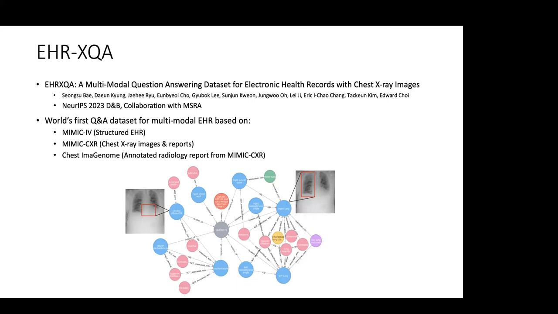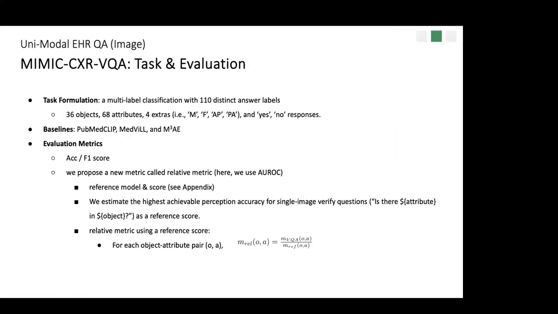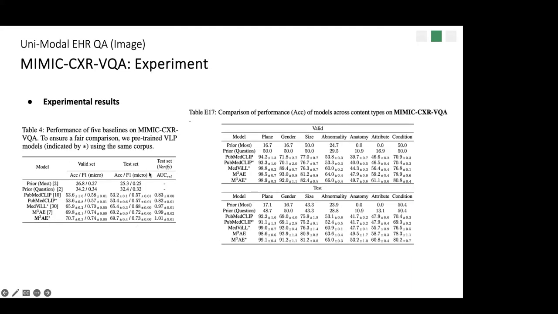So we tried to see how answerable our question answering dataset was from this MIMIC-CXR VQA. Basically, we were trying to calibrate how answerable it was. It turns out that even with the most powerful multimodal model and very simple yes or no questions, it wasn't always answerable. Questions like whether this is a frontal view, PA or AP, or whether the patient is female or male, are very accurate.